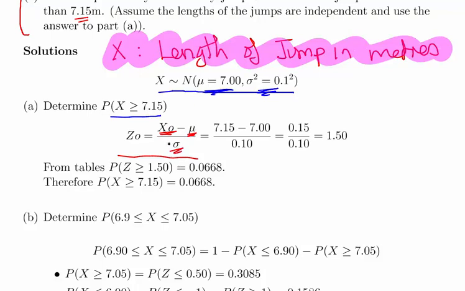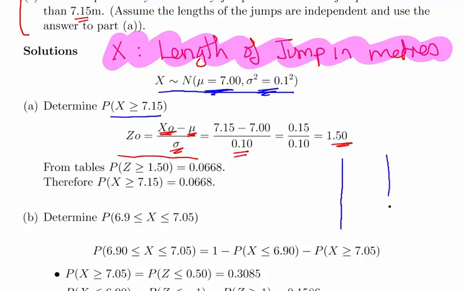Here we have 7.15 minus 7, which is mu, divided by 0.10. That gives us 0.15 divided by 0.10, and our z-score therefore is 1.50. You notice I've deliberately specified it to 2 decimal places.